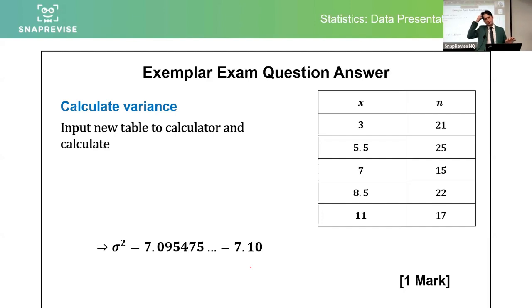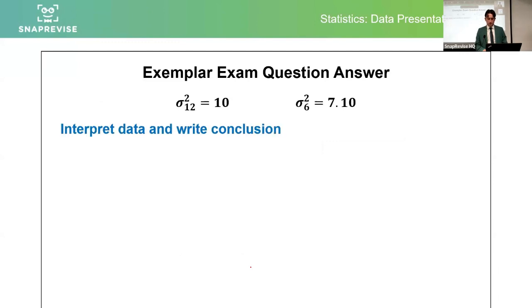You turn the frequency column on, fill in the table, and press the OPTN button and you get the summary statistics. For the CG50, it's slightly different, but there is the stats mode as well, and you fill the table in, and the options are all along the bottom. This will just do it all for you. So this is one of those places where your calculator is so useful for statistics. So 7.1 is sigma squared.